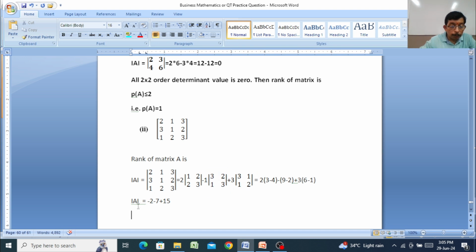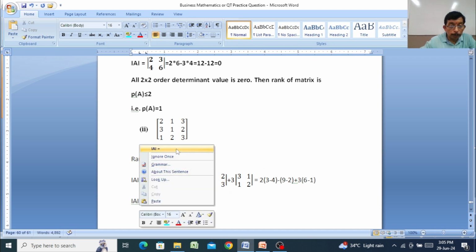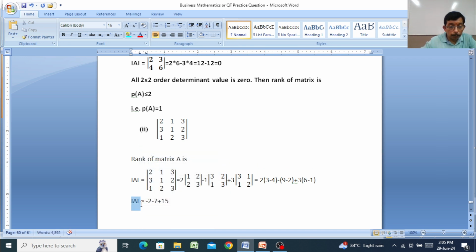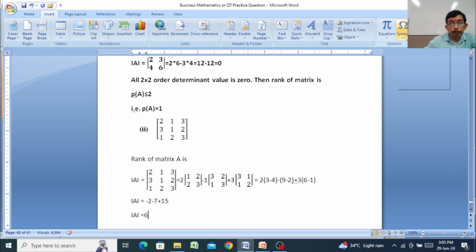Then the value is minus 9 plus 15 plus 6, which is a non-zero value.